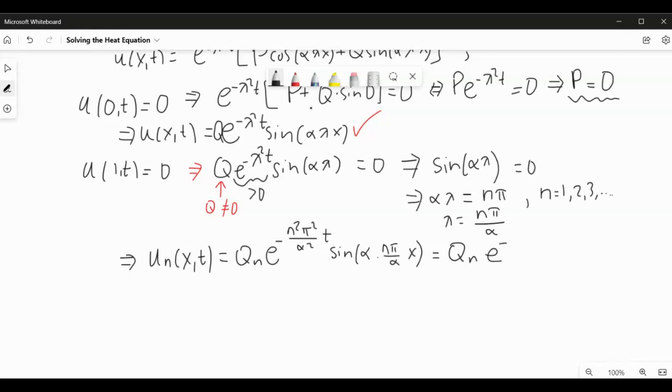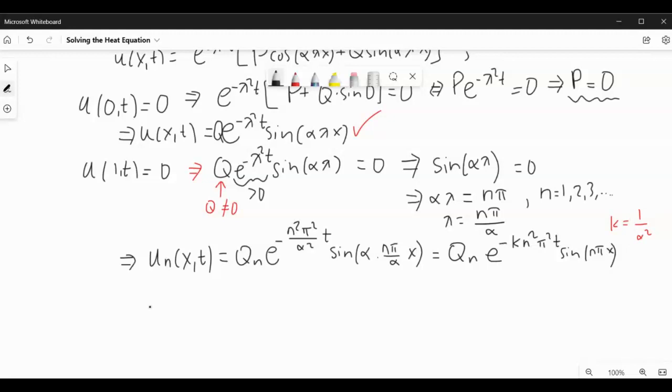Now recall that I have let k be equal to 1 over alpha squared. So here I can say that the exponential term is equal to e to the negative k times n squared pi squared t times sine of n pi x.